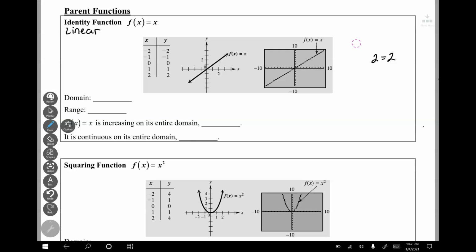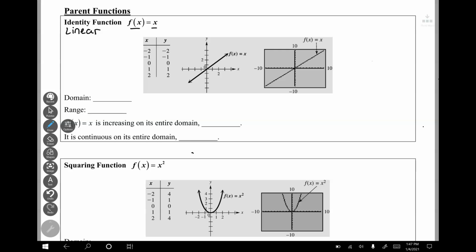The reason it makes sense that this is the identity function is because we've got y equals x here. And looking at the table, you can see that the x and the y values are the exact same number all the way down. So the two sides of that equation equal each other.